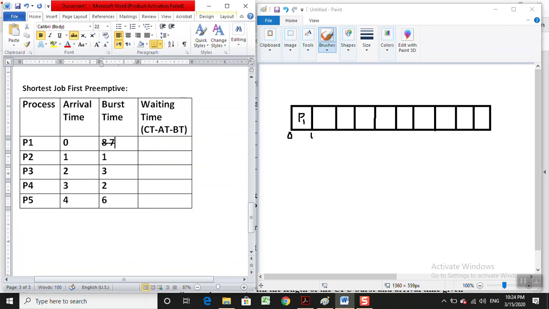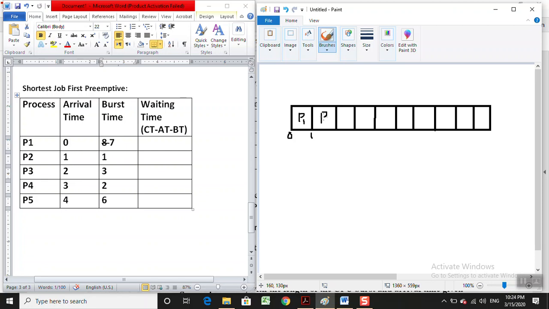P1 has 7 milliseconds remaining now. So if you compare 7 and 1, P2 has the shorter burst time at 1 millisecond. So P1 will be preempted. P1 will be forcibly stopped, and P2 will be scheduled here.